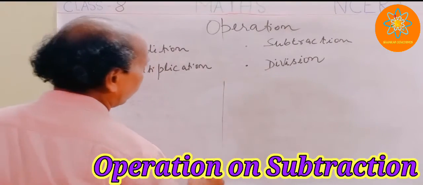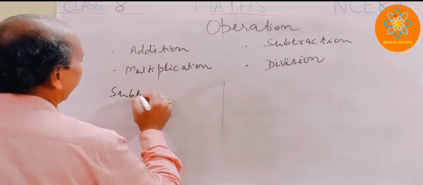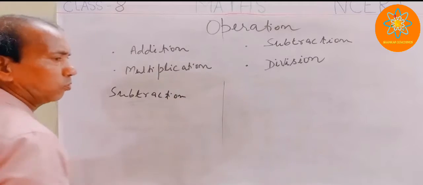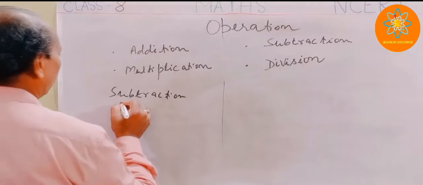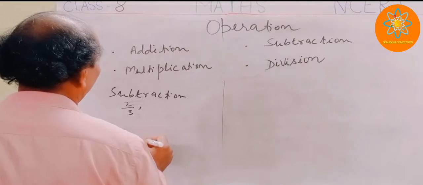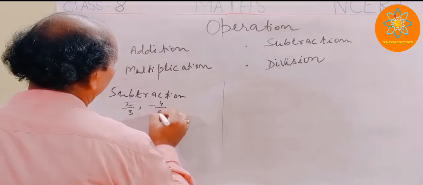Now we start with the subtraction and division. First of all, I will take the subtraction. Suppose two rational numbers are given, 2 by 3 and minus 4 by 9, and I want to subtract.